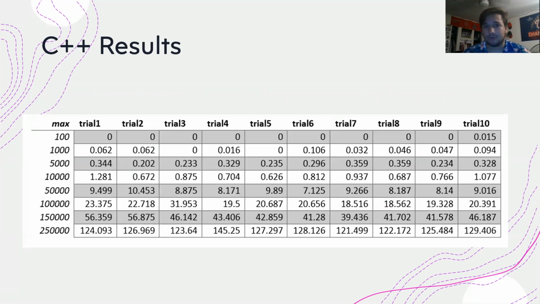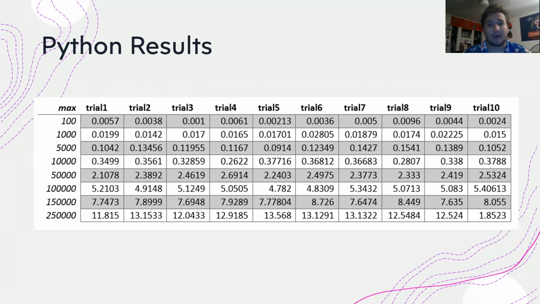And then I went on to Python, and the Python results actually really surprised me. In reading up on my literature between the different programming languages, everything I read returned that Python was consistently slower than C++ in almost every application.